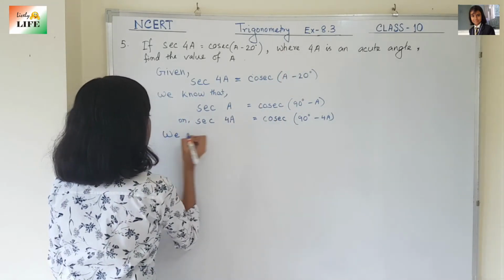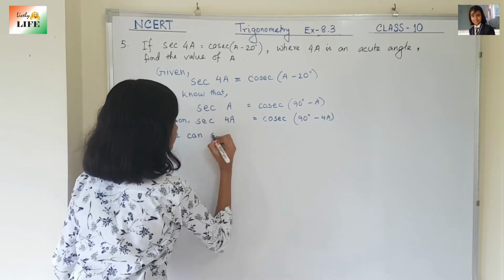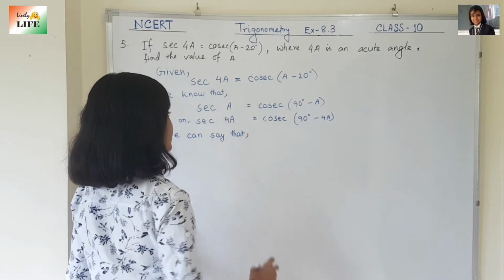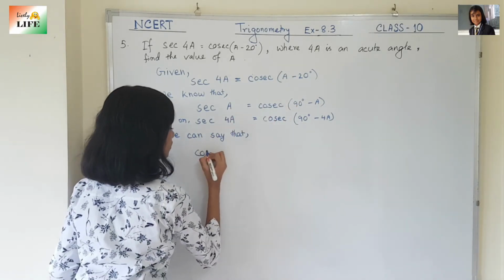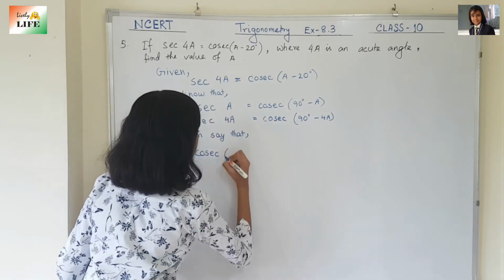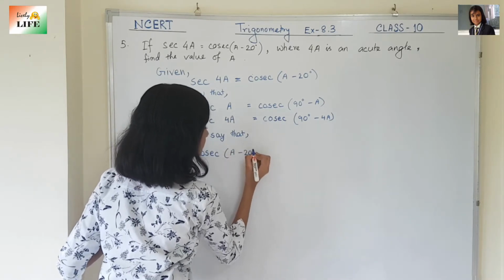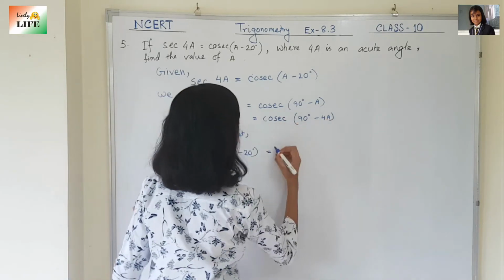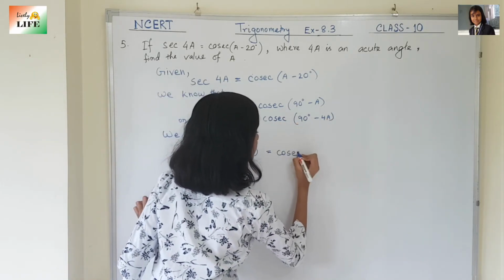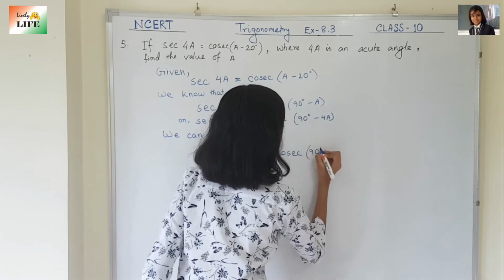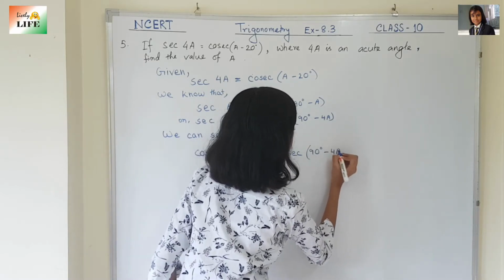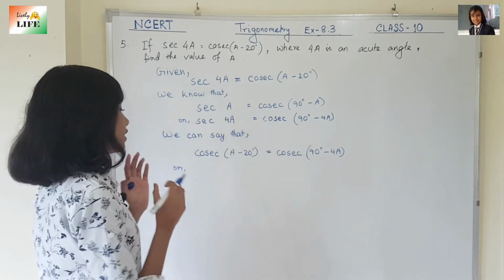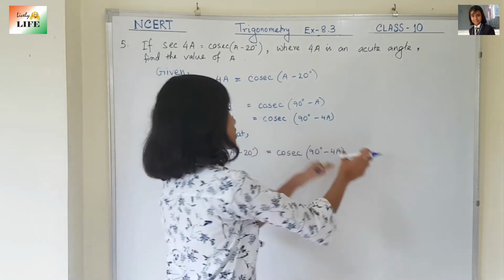So we can say that cosec a minus 20 degree is equal to cosec 90 degree minus 4a.